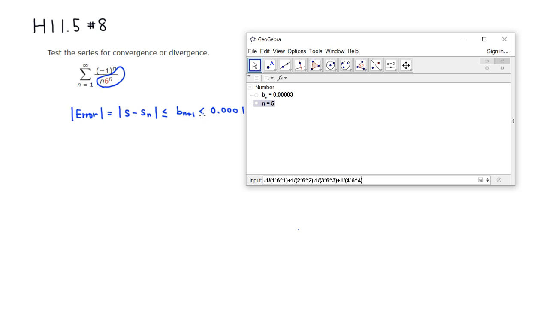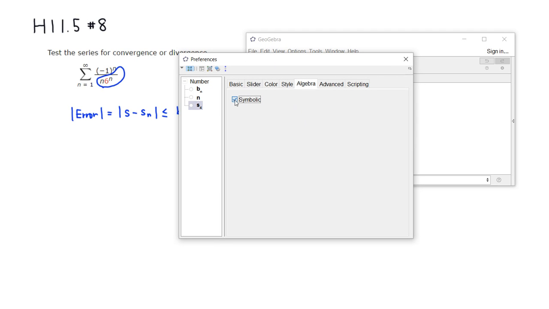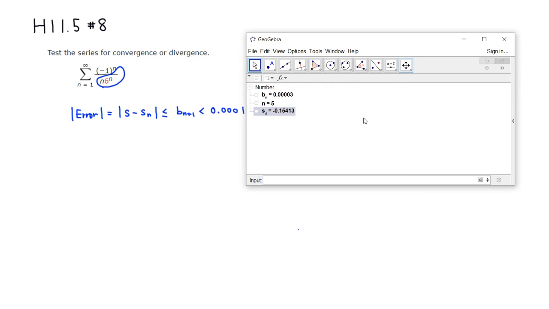This is going to be S4. I'm going to call it S4. Again, I have to right-click, go to Object Properties, and uncheck symbolic.